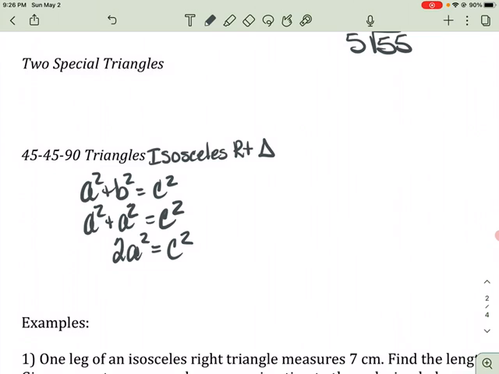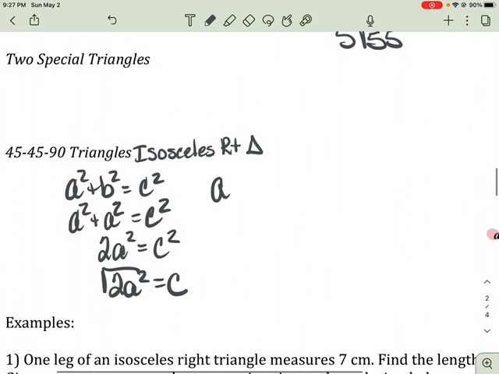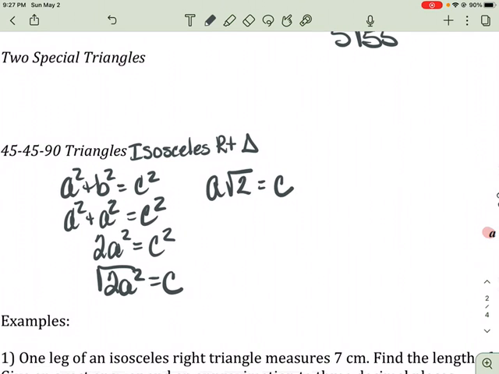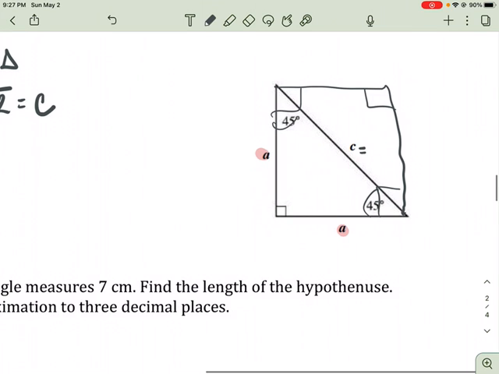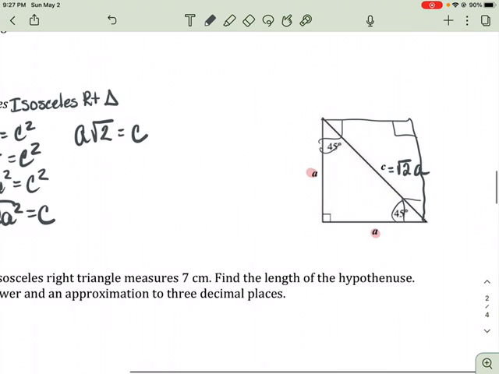And I want a square root to find c. Well, the square root of a squared is a, so a square root of 2 is equal to c. So the hypotenuse is the square root of 2 times a, or I would refer to it as the square root of 2 times the leg, because that's how I was taught, back in the Stone Age.